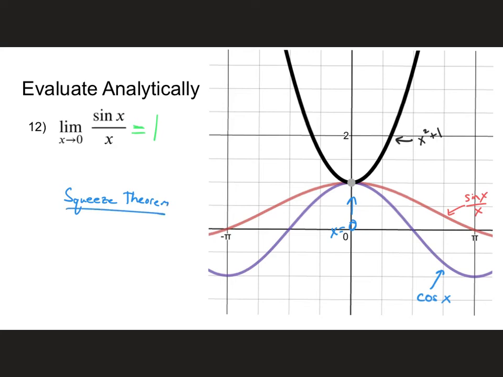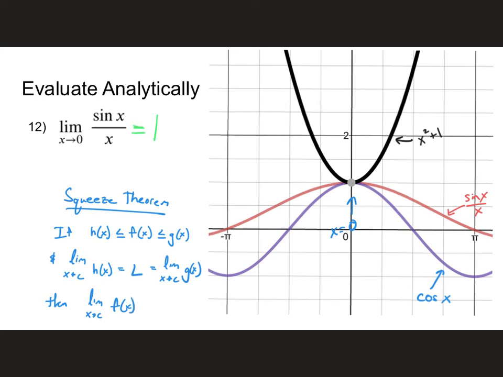But the gist of it is this: if we have a function h of x that's always less than my original function f of x, and that is less than another function g of x, and the limit as x approaches c of h of x equals some number L, which also happens to be the limit as x approaches c of the function g, then I can conclude that the limit as x approaches c of that middle function also has to be L. And that's what we got going on here.